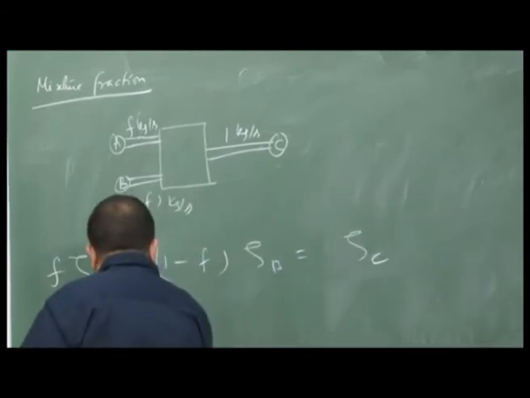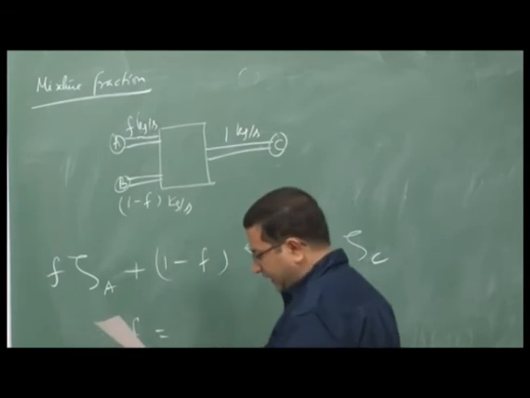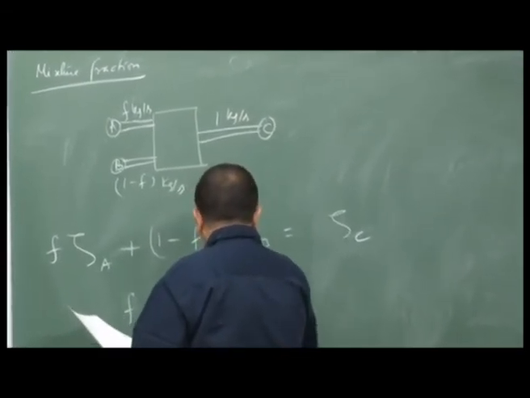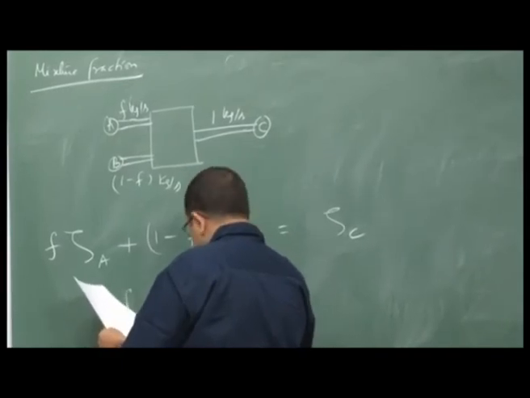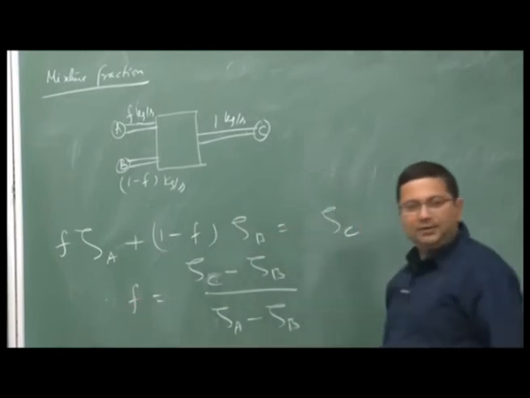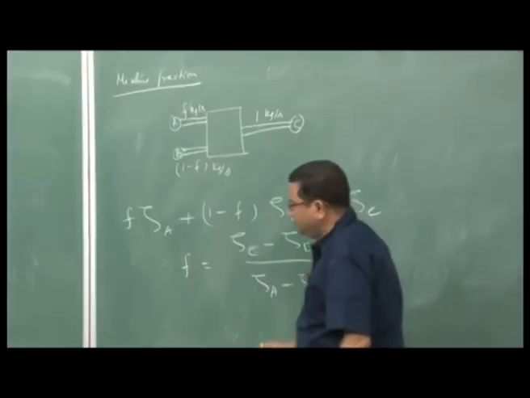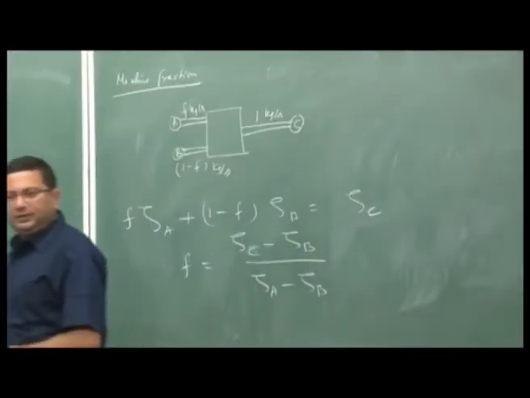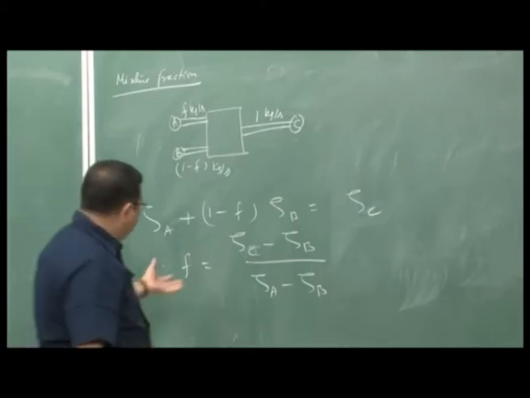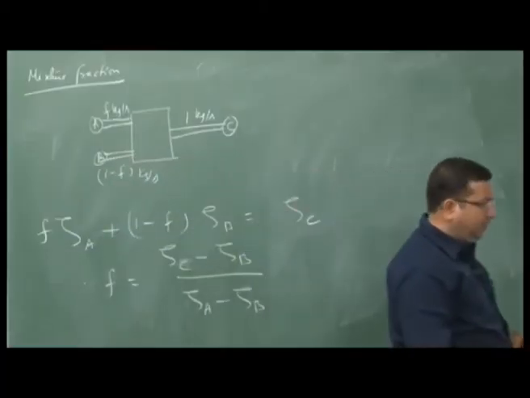Therefore, I can define this f as zeta C minus zeta B divided by zeta A minus zeta B. Okay. So, this is called mixture fraction. This is something we also define when we have a very complex system of many molecules, in terms of mixture fraction. Okay. This is a very potent tool.